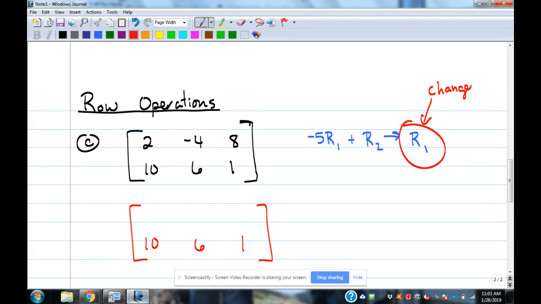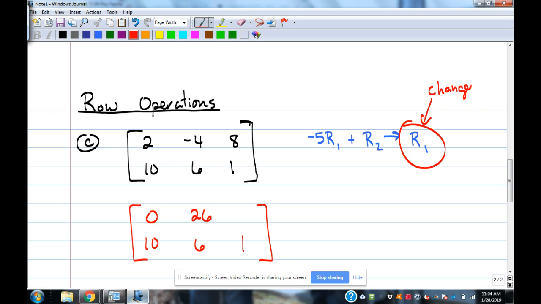The instructions say negative 5 times row 1, and then add that answer to row 2 and write that new answer in row 1. So we're going to take negative 5 times 2, which is negative 10, and we're going to add that to row 2. Negative 10 plus positive 10 is 0. So we're going to put a 0 right there in that spot. And then we're going to do the next piece. Negative 5 times negative 4 would be positive 20 plus row 2, so plus 6, 26.